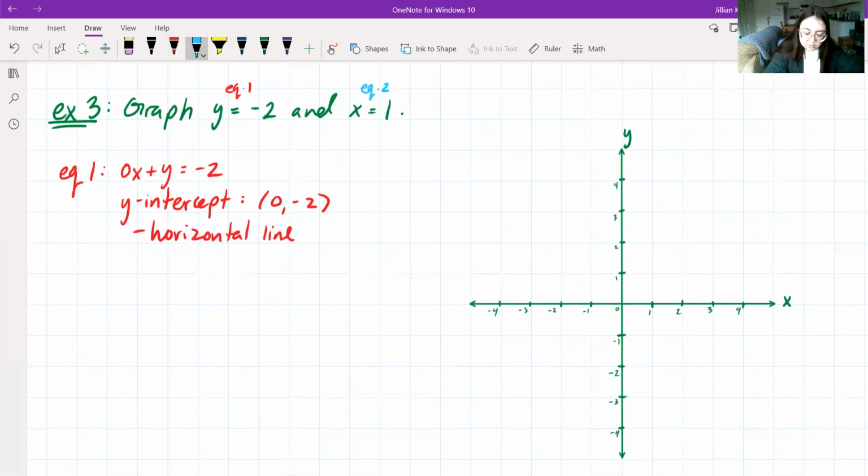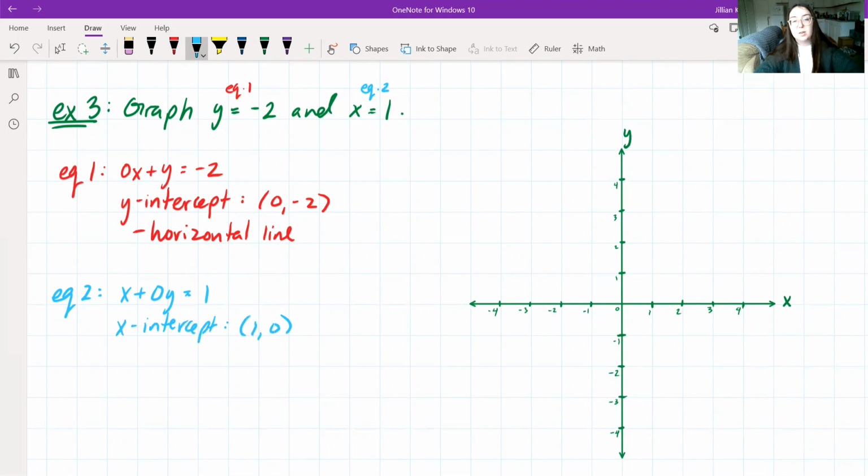Now for equation 2. X equals 1, we can rewrite as something like x plus 0y is equal to 1, which just ends up telling us that our x-intercept is found at (1, 0).